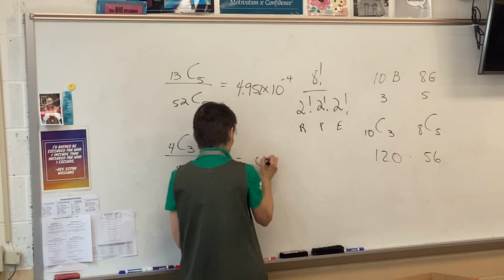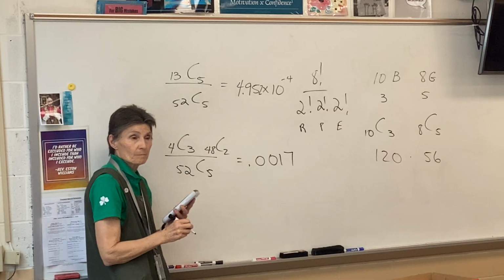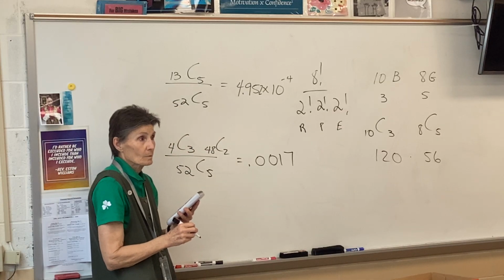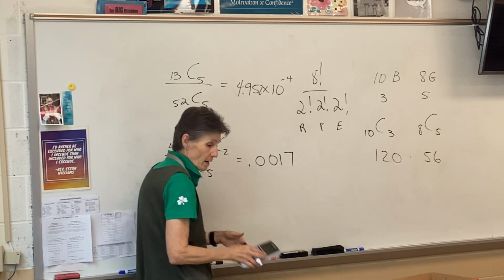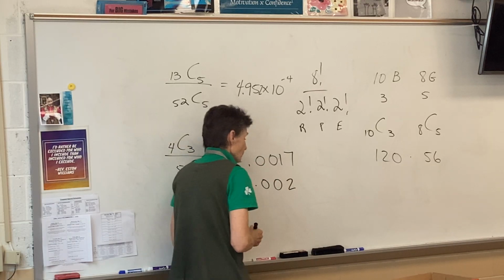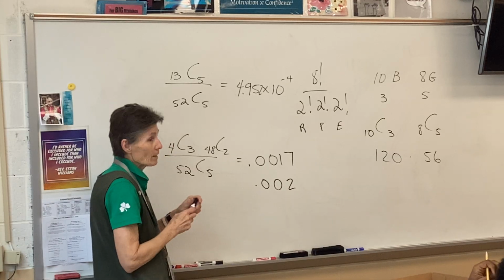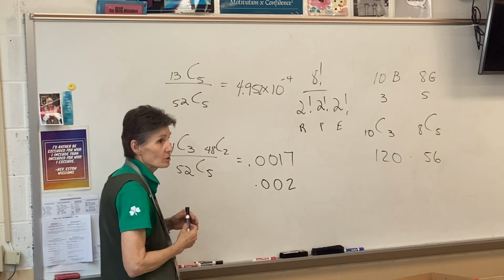I got 0.0017. Which, if I'm rounding to the nearest thousand, would be 0.002. And I'm rounding to the thousand because I read the directions.